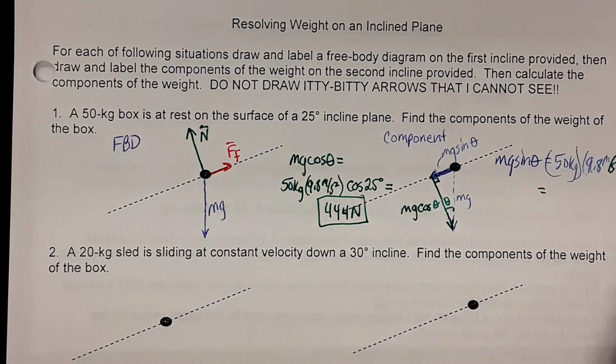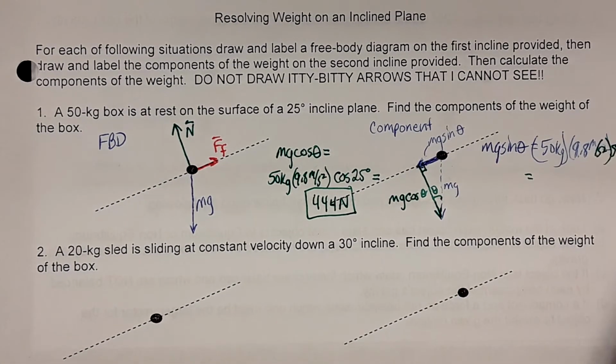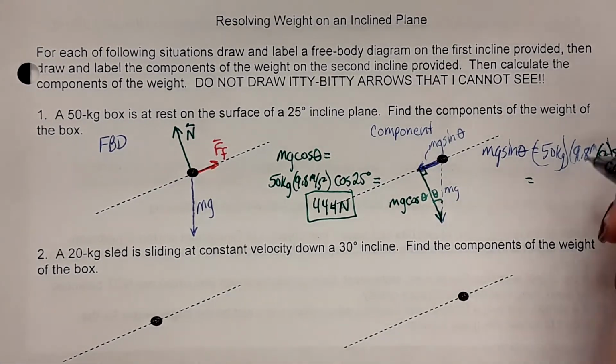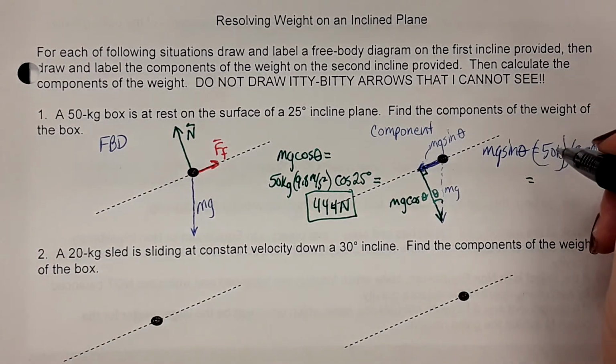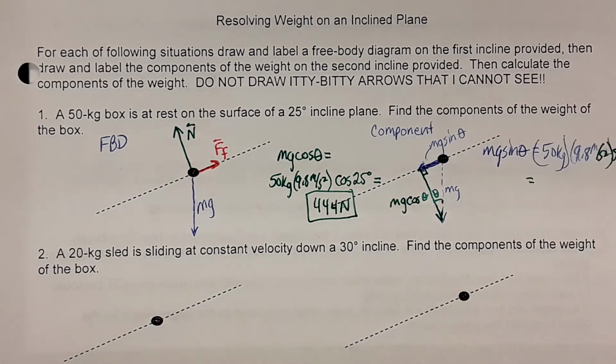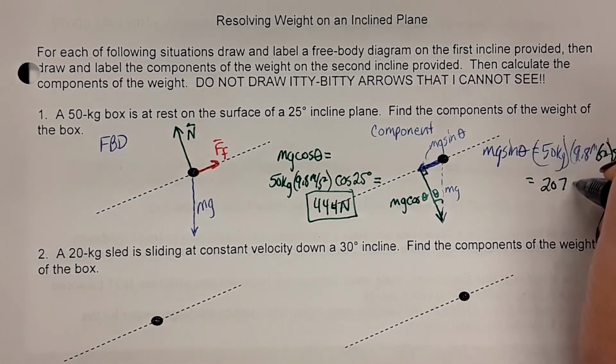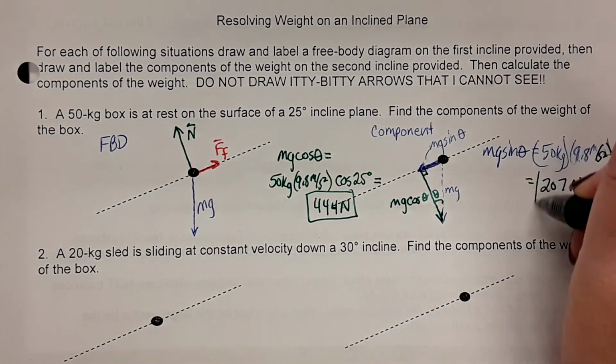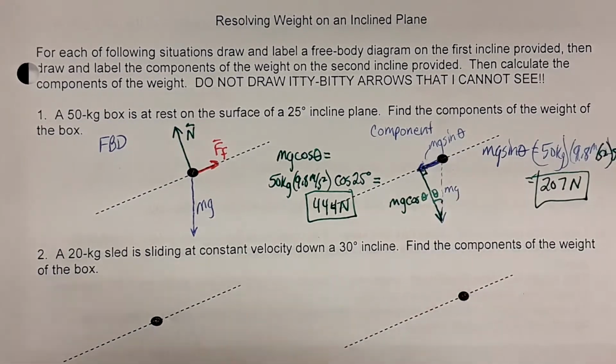And if we stick that into the calculator, 50 times 9.8, sine 25. Oh, look, and double check me on this, but I think I'm right. That's 207. 207 newtons of force down the incline, okay?